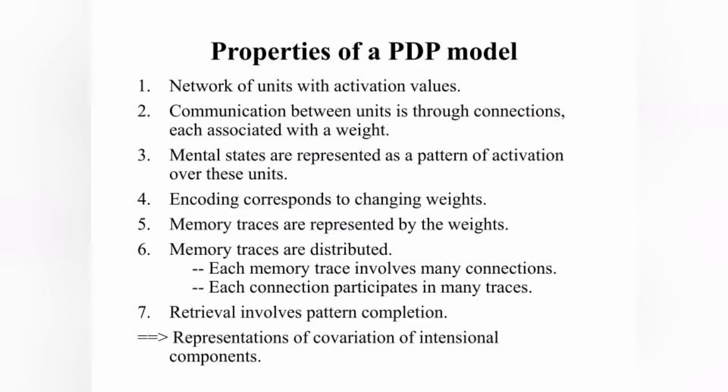Thus, processing appears to be both parallel and distributed. In PDP, that is the parallel distributed processing approach, neural networks are thought to work in parallel to change neural connections to store memories.